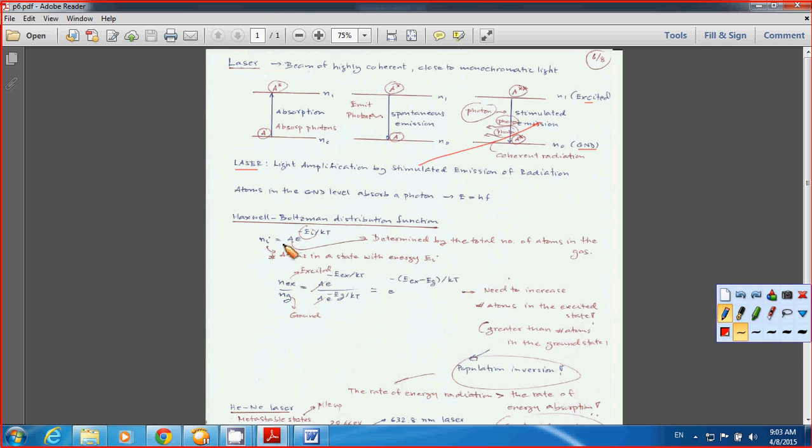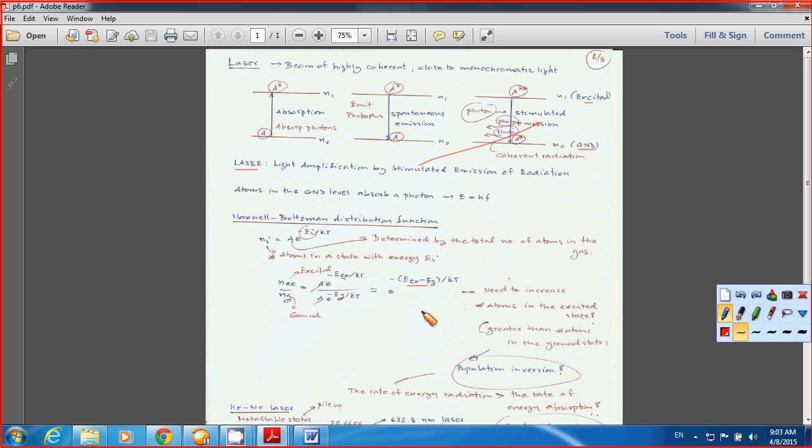If you take a look at the different energy levels, Ex and Eg, where g represents our ground state and Ex represents our excited energy level, you can find the ratio of the number of atoms in the excited state to the number of atoms in the ground state by this relation. It simply becomes exponential negative, the difference of the excited energy and the ground state energy over kT.